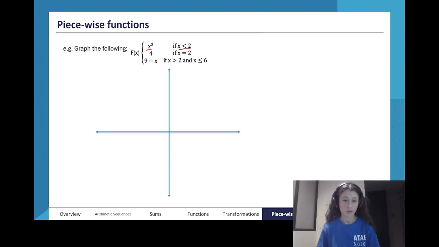So if x is less than 2, then we're going to have x squared. It's even helpful sometimes to draw the function off to the side, just to help visualize. So x squared is just a basic parabola that looks like that, right? So if x is less than 2, we're going to have this interval in here.